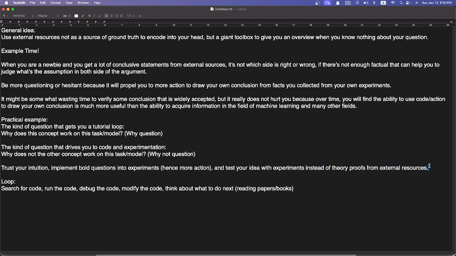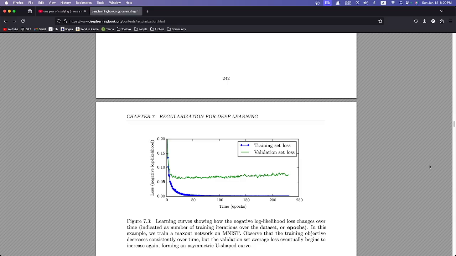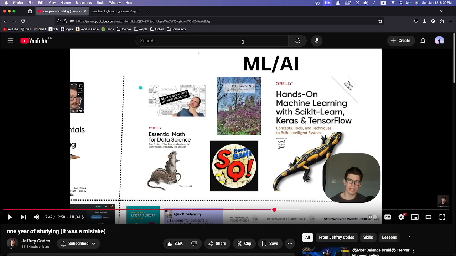resources. But I'm not here to discredit any of those external resources. You need to use them in a way that gets you an overview, instead of a set of factual statements that you find to be a hurdle you cannot overcome.